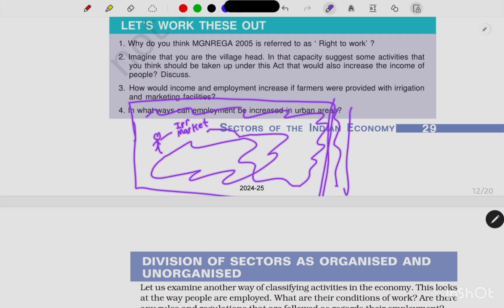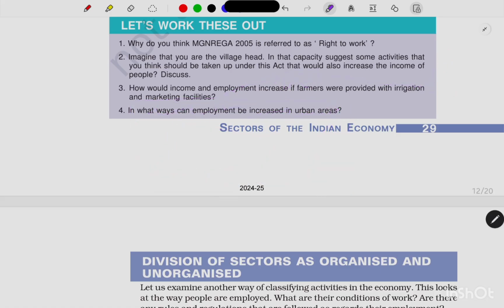And the next thing, if he has so much produce and he's not going to sell it, then that's a loss. So give him some marketing facilities to sell this produce to a market somewhere around there. This is more of a house than a market, but believe it's a market, and he could sell this to the market.